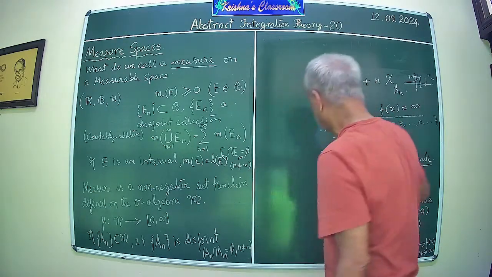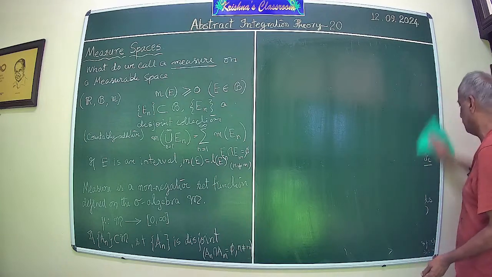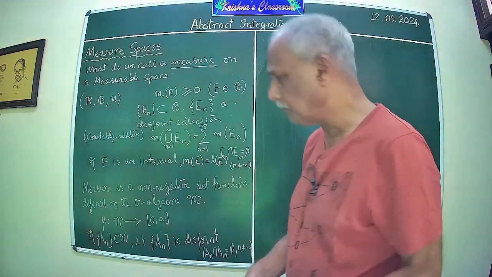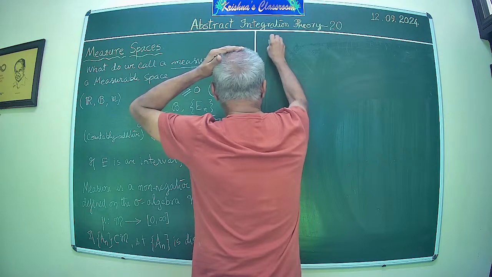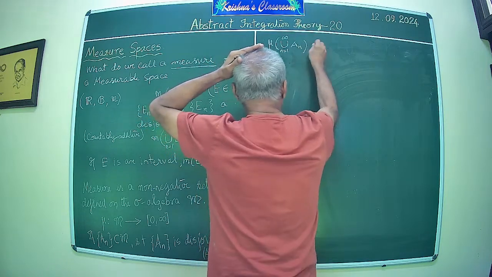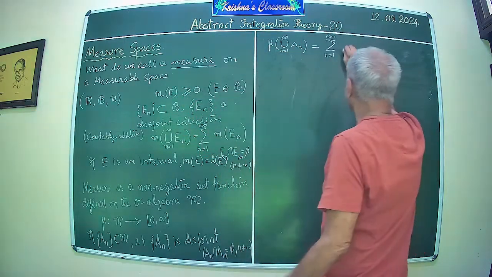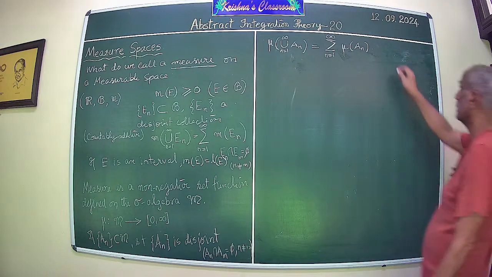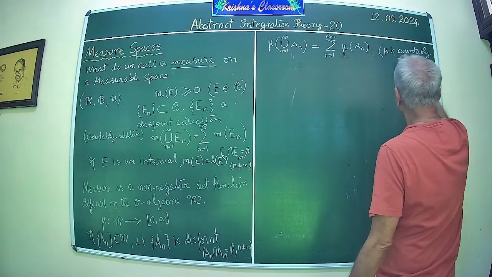It's an element of the sigma algebra. So you have mu of the union defined, and we want the property that mu of the union of A_n equals the sum of mu of A_n. That means mu is countably additive.